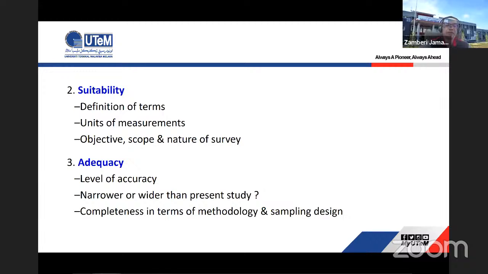Adequacy: the level of accuracy, are they adequate? Are they wider than the present study that you are doing? And completeness: whether this data is complete, whether they have the right sampling methodology, sampling frequency, sampling times, and things like that.